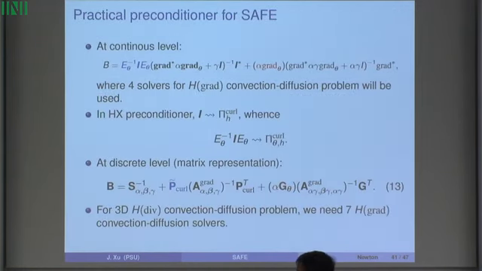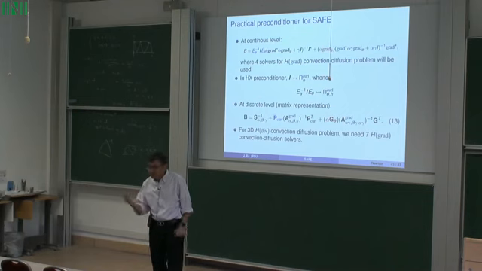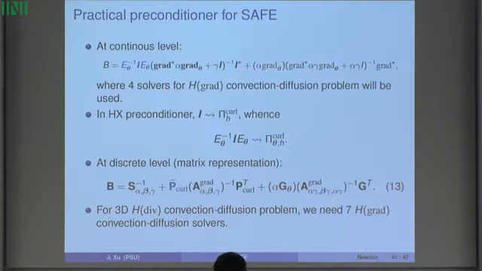The thing is that when you use the H1 elements to do the H curl, H1 in the continuous case is a subspace of H curl, but not in the discrete case. You have to do an interpolation. The interpolation here we have to use is this convective interpolation, which I derived by all these different commutative diagrams.